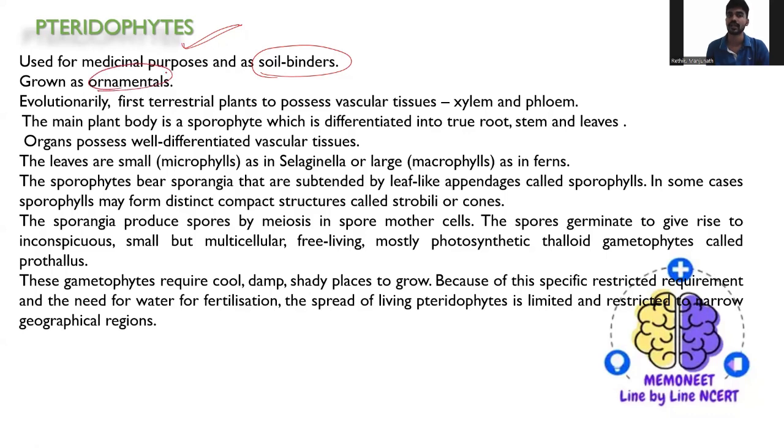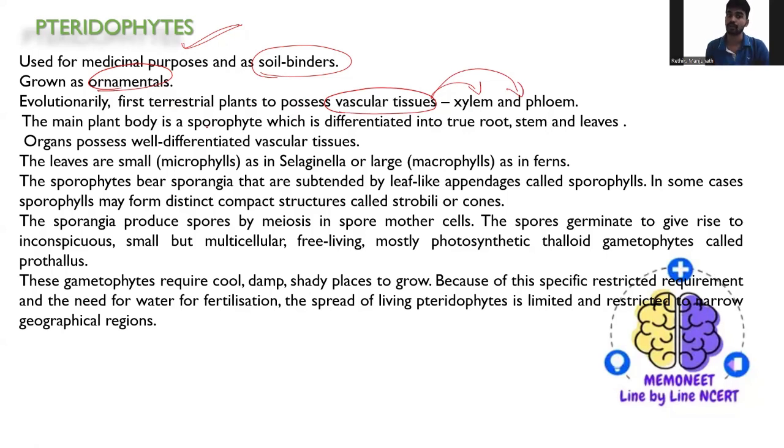And coming to the evolutionary aspect, they are the very first terrestrial plants which possess both xylem as well as phloem. That is, they possess vascular tissues, consisting of both xylem and phloem.